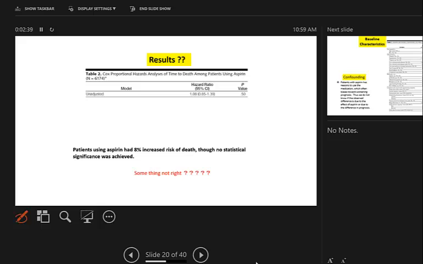Do you believe that? The P-value was 0.5, so you probably say, well, 1.08, but I can't say anything, so maybe the same. So can you say aspirin didn't work? Didn't harm, but then didn't work either, right? So is that true? Do you stop prescribing aspirin?